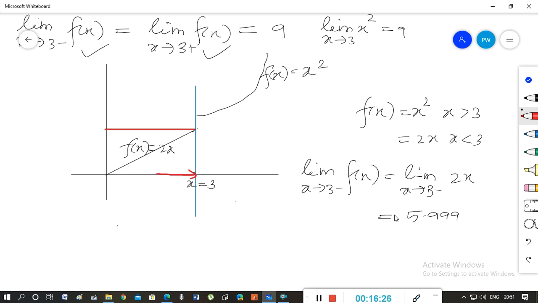All I'm concerned with is understanding of the concept. So as x approaches towards 3 from the left, f of x will go near to 6. Here is 6, f of x.